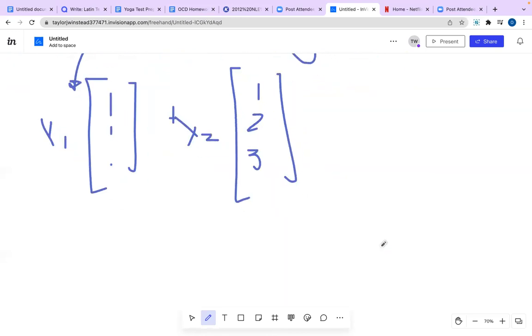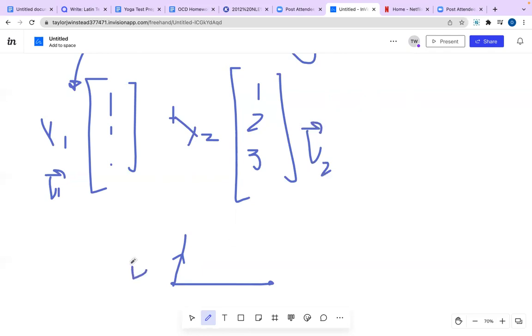So that means that the image is all linear combinations of these two column vectors, or in other words, the span of these two vectors. But of course, we'll get to that. The way we would draw this is we've got, of course, we're going to call this one V1 and this one V2.